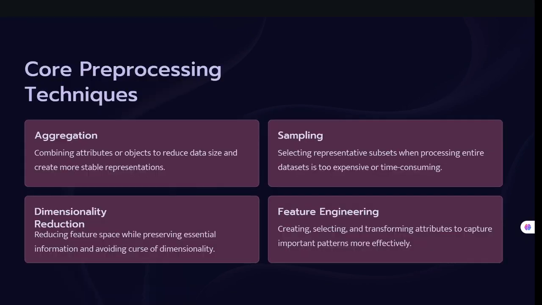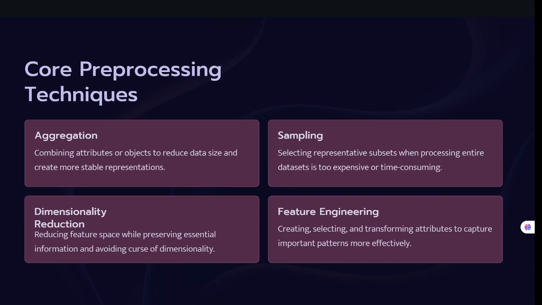So data preprocessing includes several important techniques. Such as aggregation, which means combining attributes or objects to reduce data size and create a more stable representation. We have sampling, which means selecting a representative subset when processing the entire dataset is too expensive or time consuming.